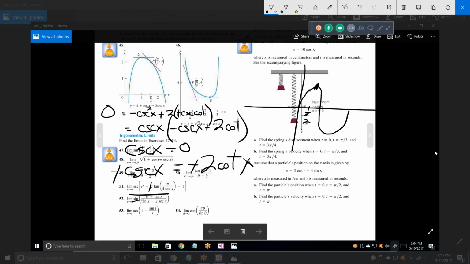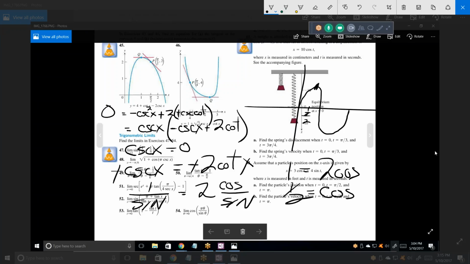Cosecant is 1 over sine. Cotangent is cosine over sine. Bingo. My denominators are the same. My numerators have to be the same. Means 1 equals 2 cosine, means cosine equals 1/2. That occurs when x is equal to 60 degrees, or pi over 3.